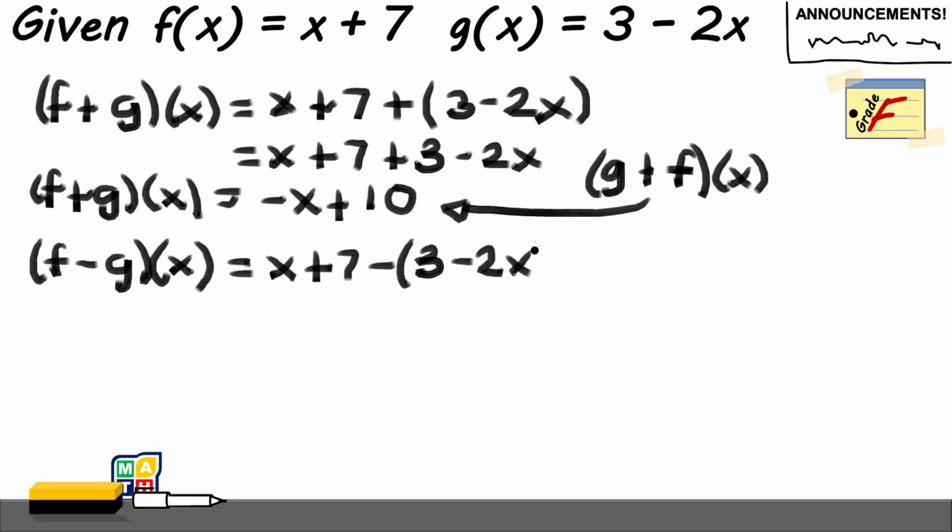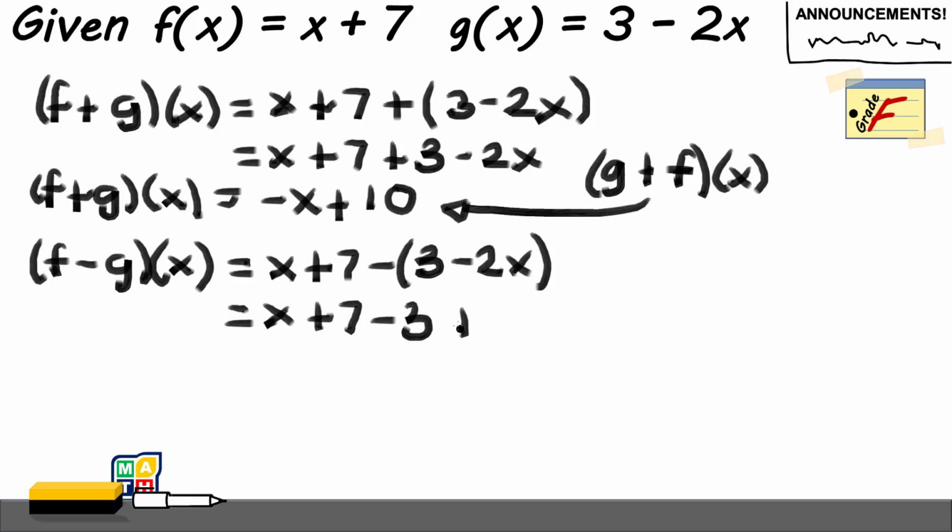Because when you have a minus symbol or negative sign before any grouping symbol, once you remove that, you need to remember to change the signs of the terms of this entire expression. In short, your positive 3 will become minus 3, and your minus 2x will become plus 2x.